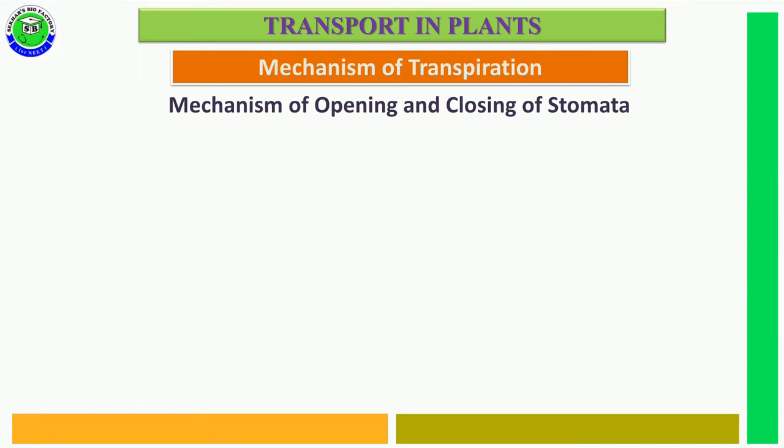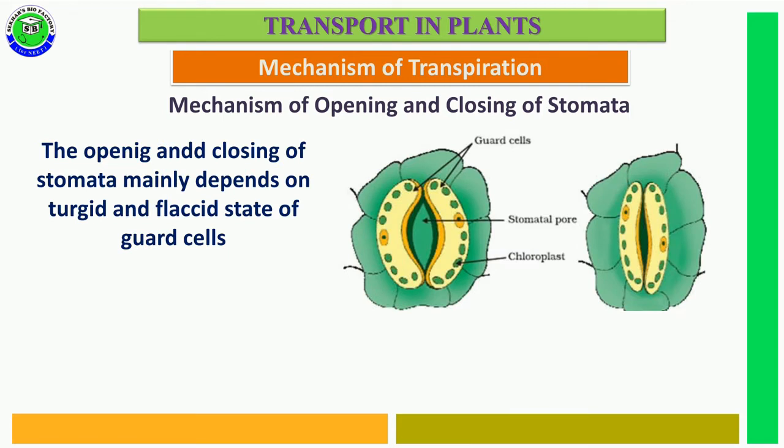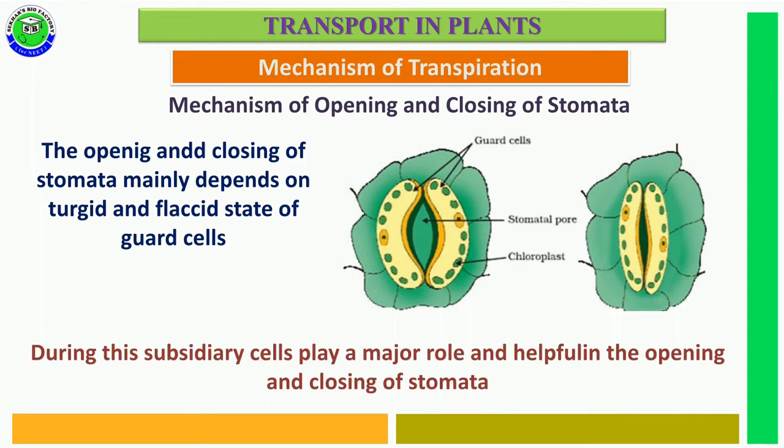When you observe the mechanism of opening and closing of stomata, it mainly depends on the turgid and flaccid state of guard cells. During this, subsidiary cells play a major role and are helpful for opening and closing of stomata to perform transpiration.